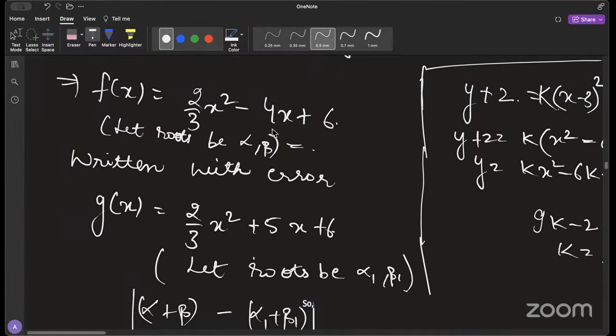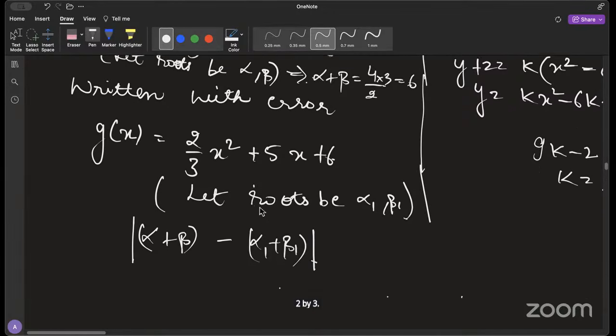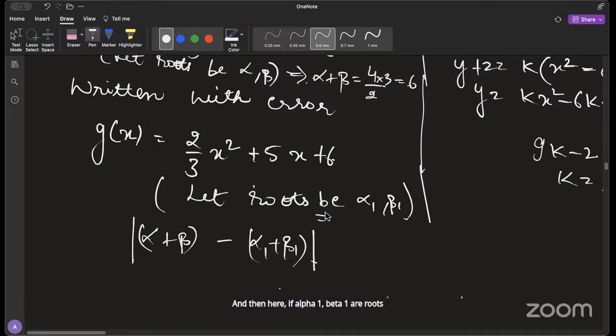So alpha plus beta from here: sum of roots is given by minus b by a. So it's 4 by a, which is 2 by 3 here. So you'll have 6. And then here, if alpha 1, beta 1 are roots, that would mean your alpha 1 plus beta 1 should be equal to minus b by a again.